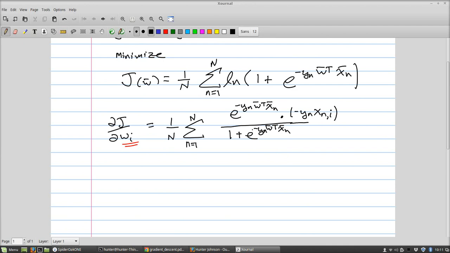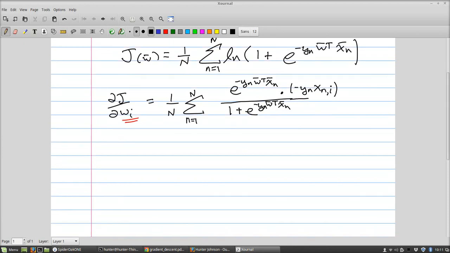If you want to, you can make this a little bit nicer looking by canceling this and that on the top, by multiplying top and bottom by that amount. So let's do that. This is the same thing as 1 over N times the sum, and we'll write minus y_n x_n comma i here, and now we have 1 plus e to the y_n w transpose times x_n.